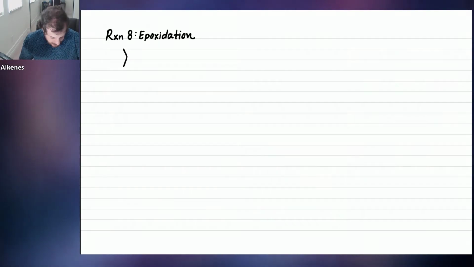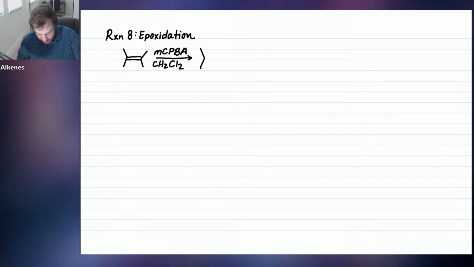You take an alkene and you treat it with a reagent called MCPBA, which is obviously an acronym. It stands for metachloroperoxybenzoic acid. I'll show you the structure in a second. The solvent is typically dichloromethane, so CH2Cl2, just like PCC and stuff. And the product, it actually turns the alkene into an epoxide.